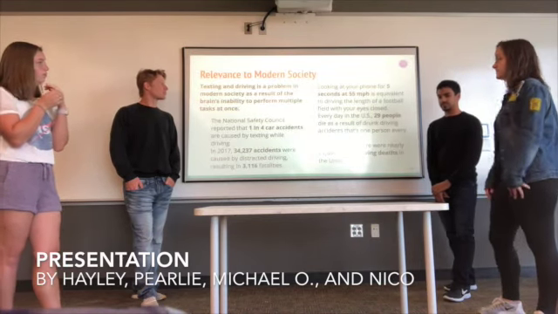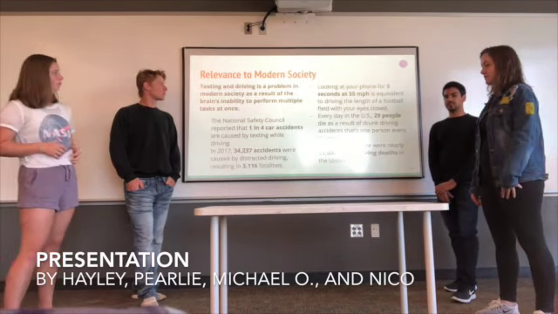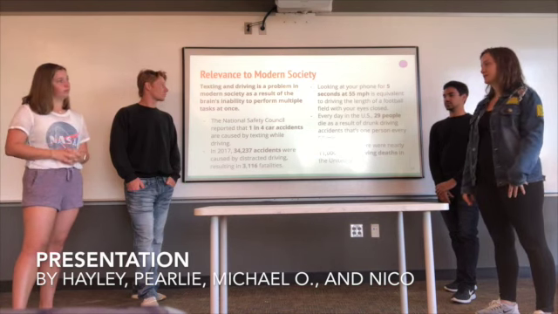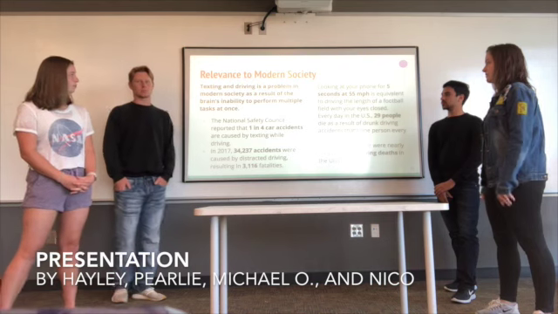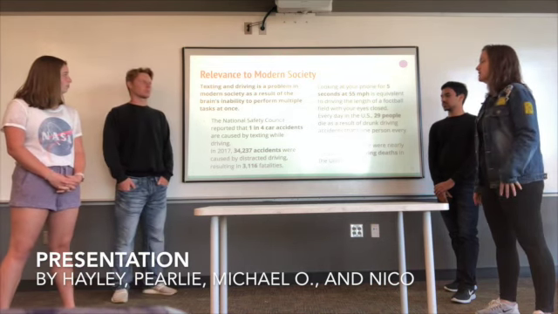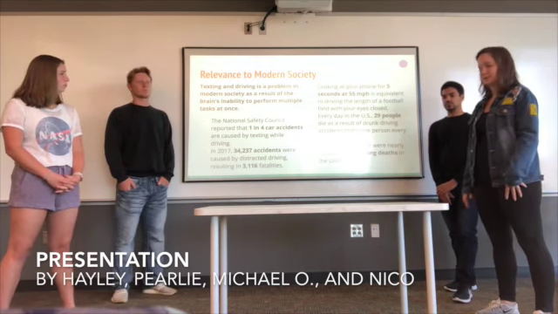All right, now relevance to modern society. So the current event we used is the phenomenon of texting while driving, and that is a problem in modern society as a result of the brain's inability to perform multiple tasks at once.